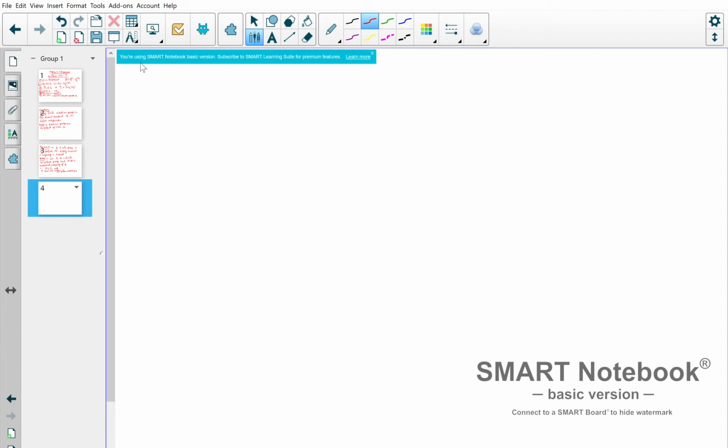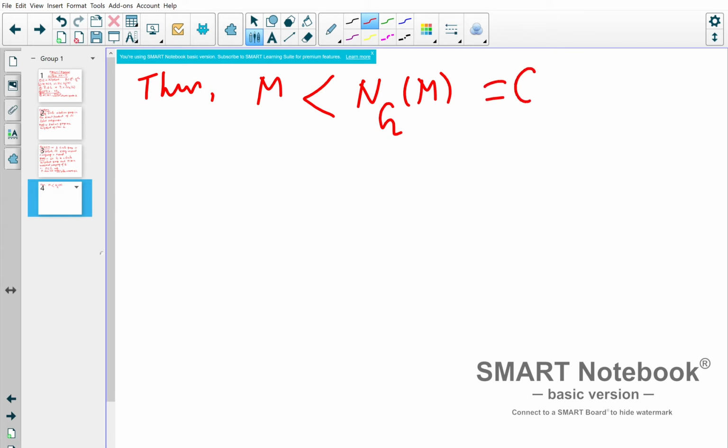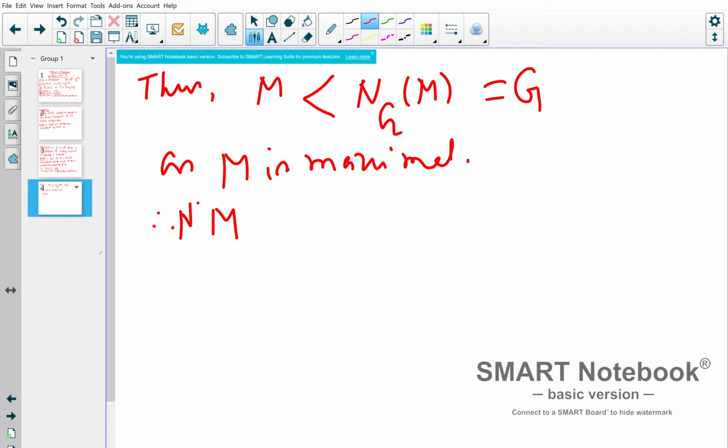So thus you can say that M is inside its normalizer, and the normalizer must be equal to G as M is maximal, right? Otherwise, if it is not equal to G, then M cannot be maximal. That is the contradiction. So the normalizer of M in G equals G, which implies M is a normal subgroup of G, right?